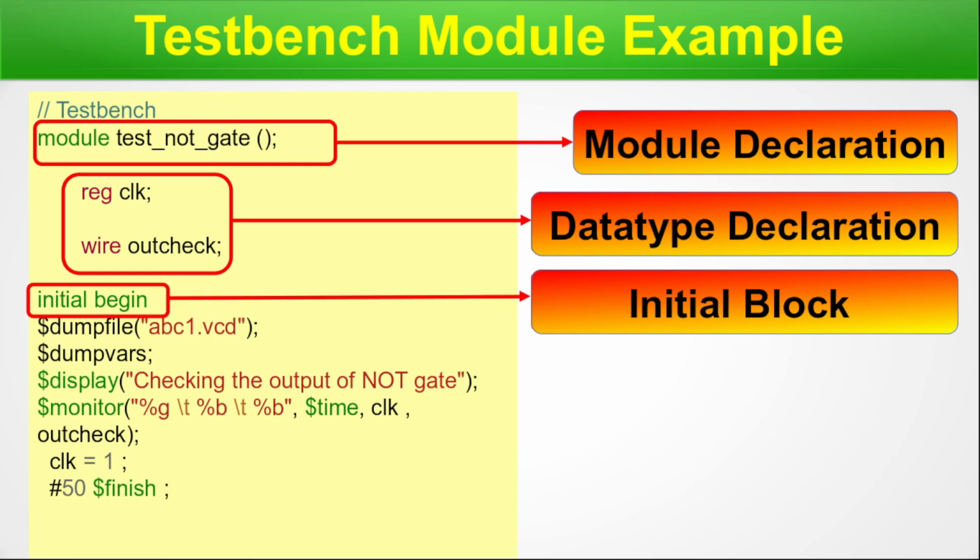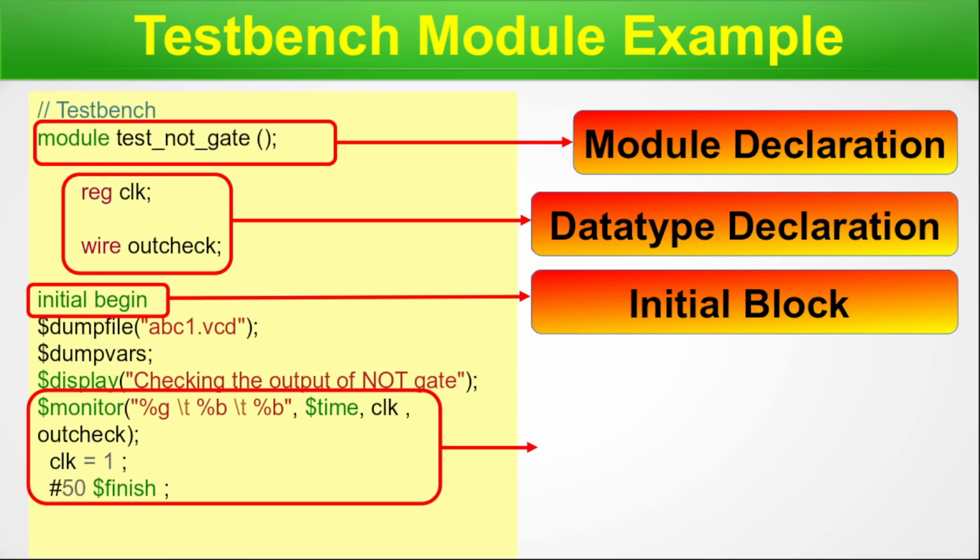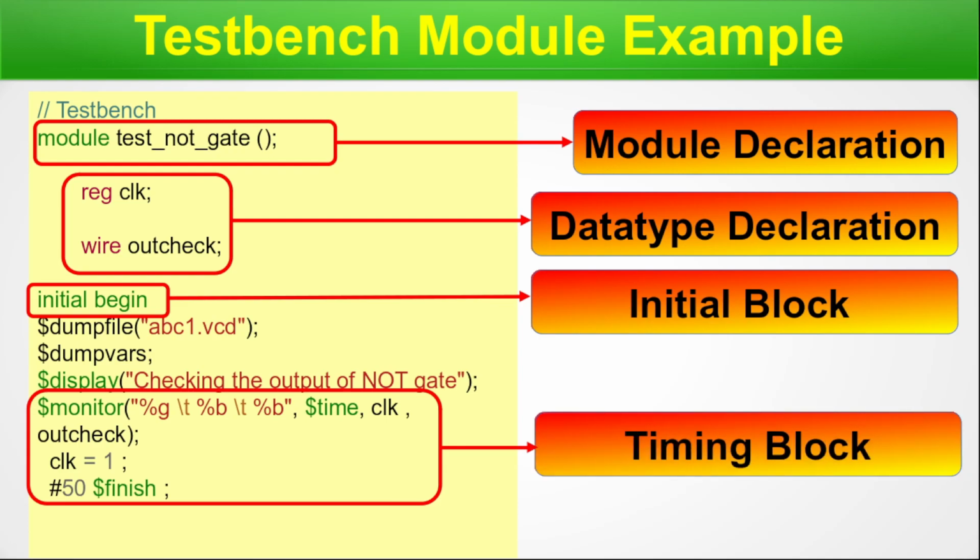All these $ things are reserved system commands for controlling a simulation, not for describing a Verilog block, but rather simulation control commands. All these contribute to the timing block. That means it controls the timing, behavior and output.